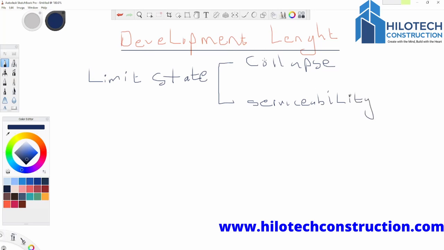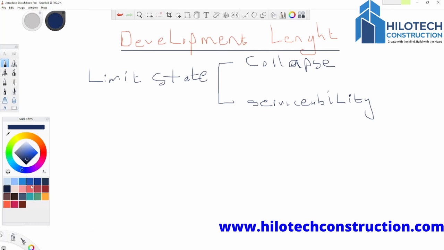What this simply means is that if you are designing for collapse, you are designing the structure in such a way that it can withstand all the load that will be put on the structure. All the load that the structure is going to carry, you design it so that it can carry that. And then for serviceability, it means you are not only designing the structure to be strong, but you also want it to be serviceable, so it can also be workable.